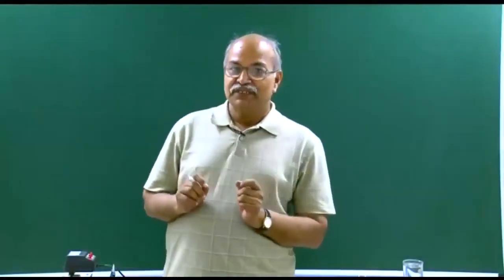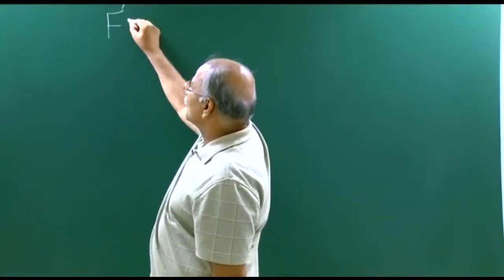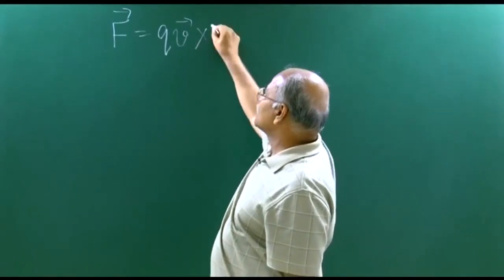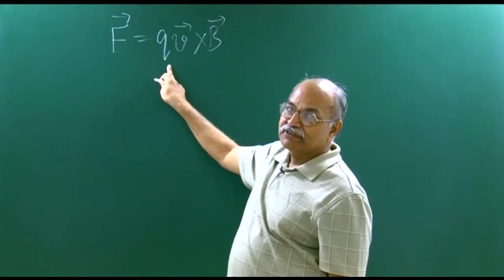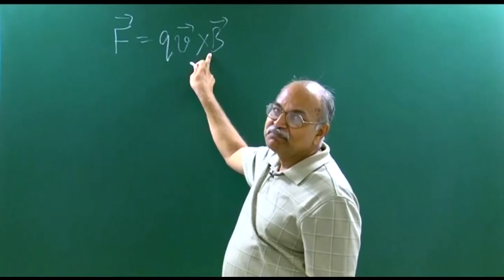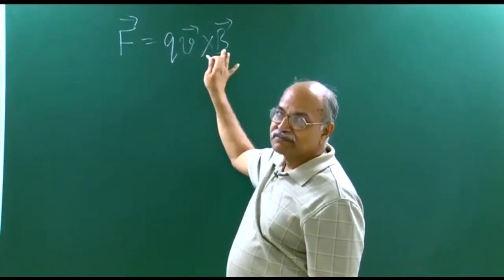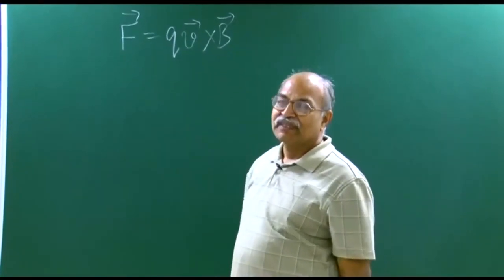You know the equation, force is equal to Q V cross B. If we have a charged particle Q moving with a velocity V placed in a magnetic field B, then the force on this particle because of this B is given by this equation.